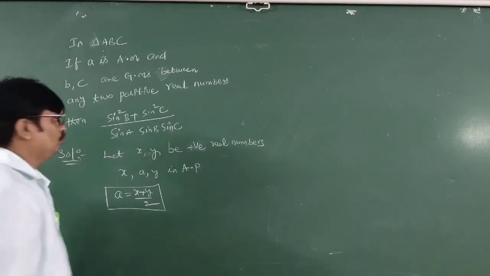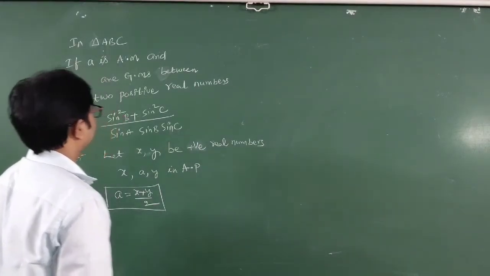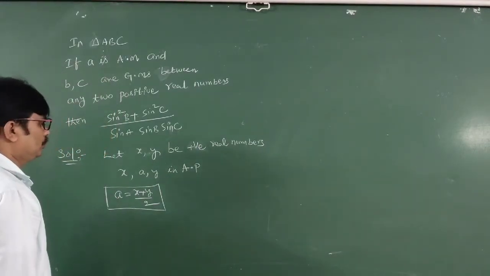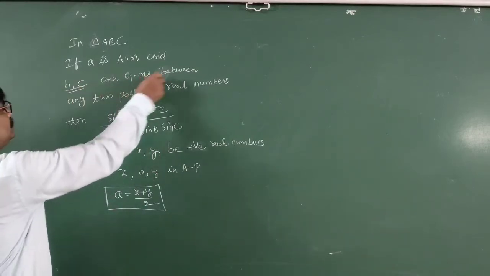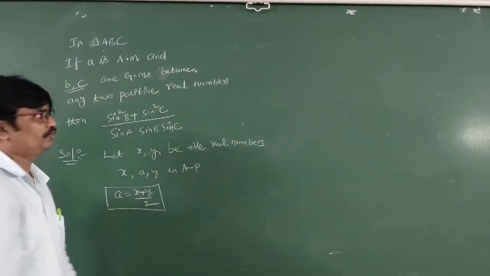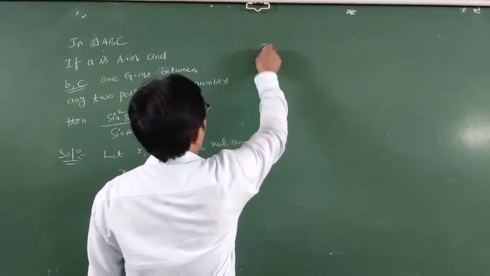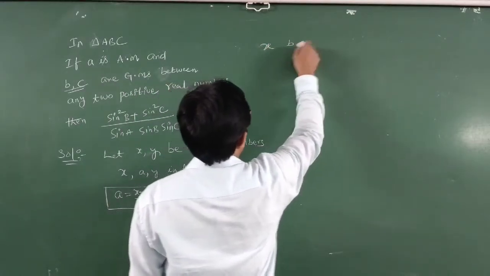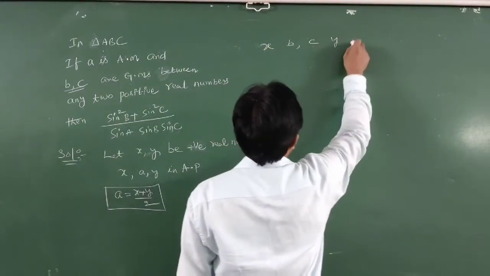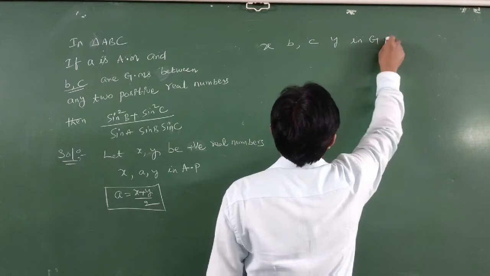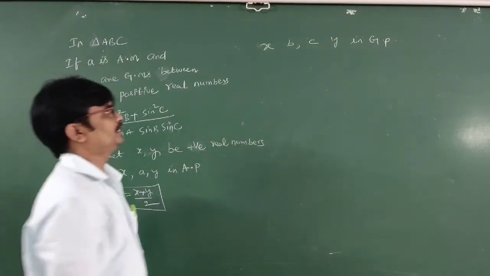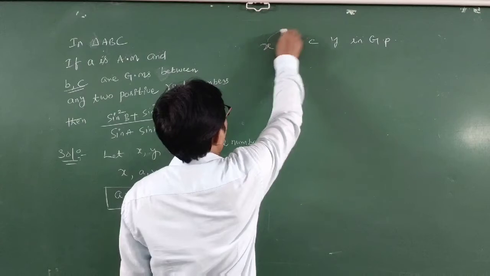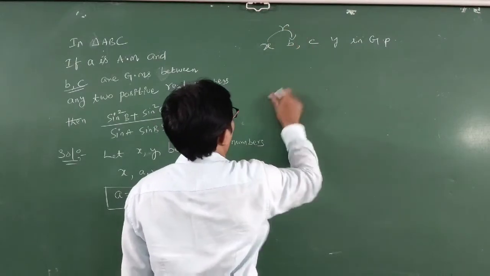Now students, one more condition is given. Here B and C are the geometrical means between x and y. So x, B, C, y are in geometrical progression. Okay students, we have to take the common ratio as r.